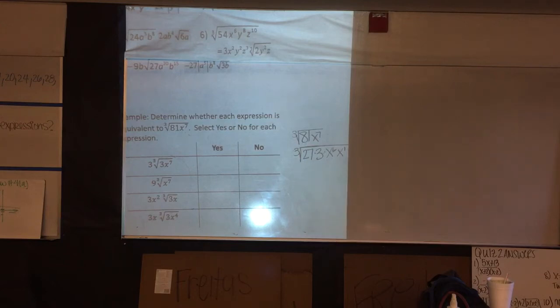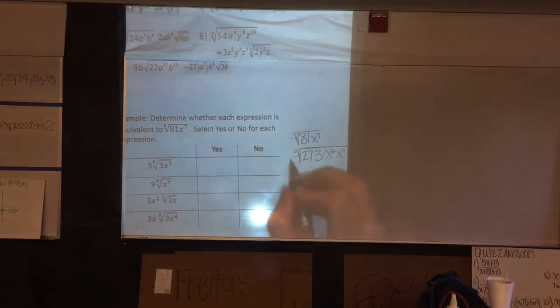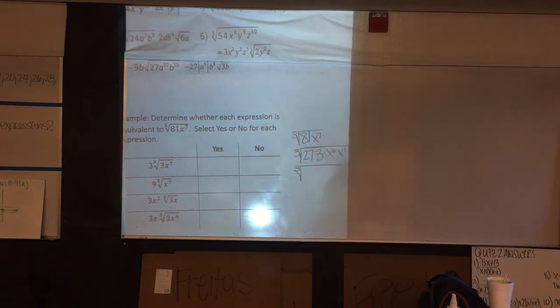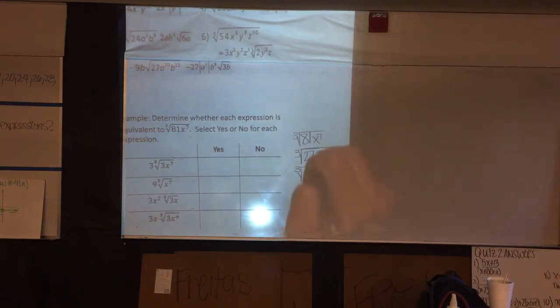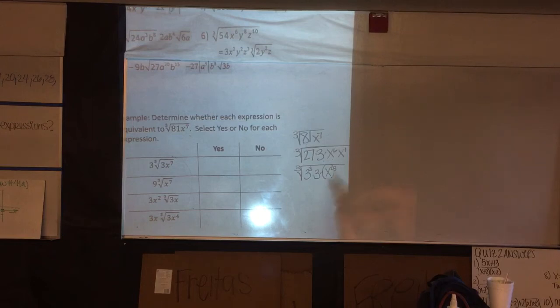So let me show you guys something interesting here. One of the reasons I was able to cube root before is because 27 is 3 to the third power. Okay, and I can't cube root the 3 because I can't write 3 as something to the third power. But I can write x to the 6th power as something to the third power. x squared to the third power is x to the 6th, and that's the power of a power rule because you multiply the exponents.